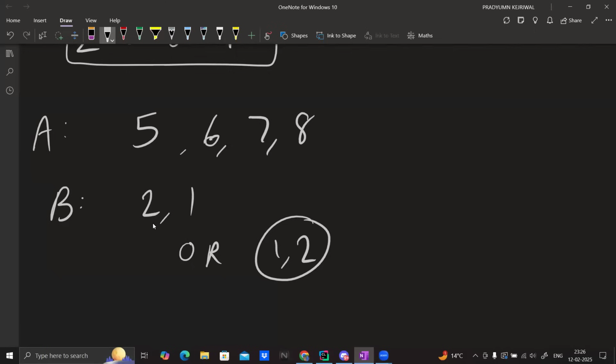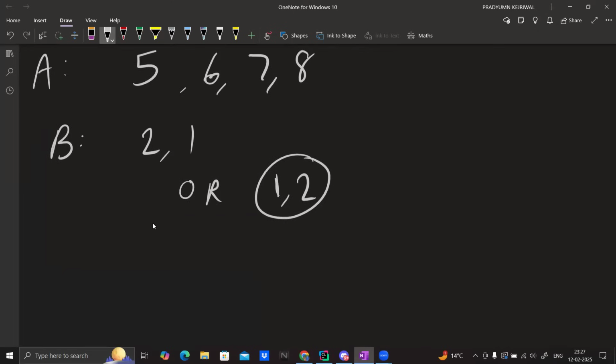And actually we want to minimize A. So definitely we will replace it with 1, 2 because 1 is smaller than 2. So basically, if I have two options, that either I have like x, y, 1, 2, or I have x, y, 2, 1, then obviously I would prefer 1, 2 in any case because I want to minimize this. So definitely I will always replace with 1, 2.